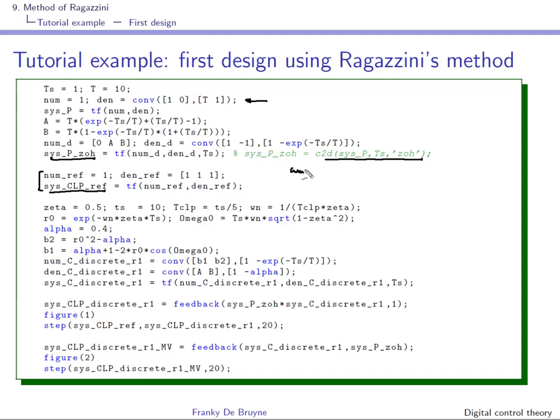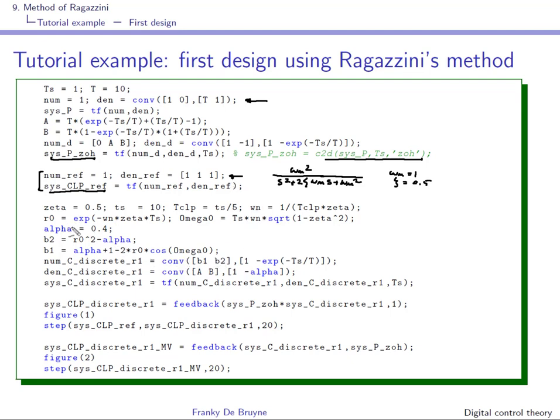It's omega n squared over s squared plus 2 zeta omega n s plus omega n squared. In this case, with omega n equal to 1 and zeta equal to 0.5, this is the desired closed loop transfer function, right?